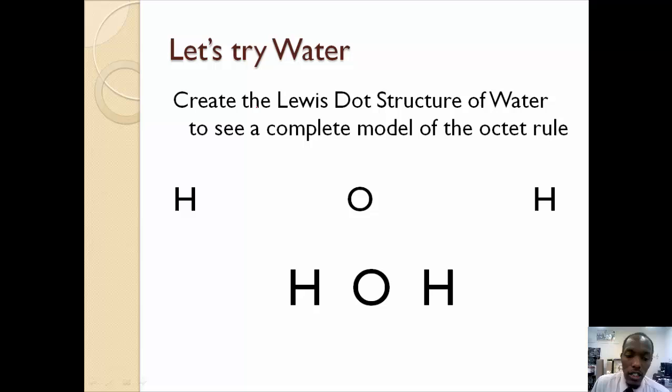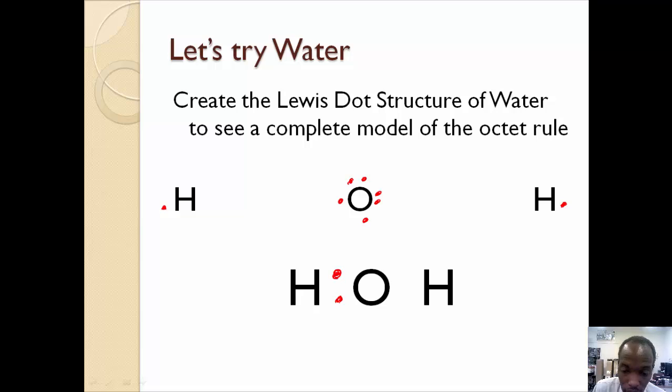Alright, so now let's try to create a Lewis dot structure with water. Alright, so here we have 1 for that one, 1 for this one, and oxygen has a total of 6. So it's missing 2 spaces. So here's how we would do it.